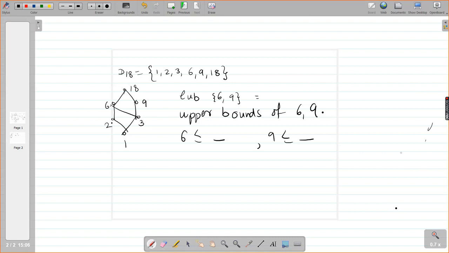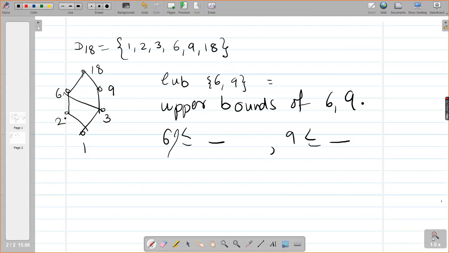Are you sleeping, girls? 6 is less equal 18, right? Yes, ma'am. And 9 is also less equal 18.